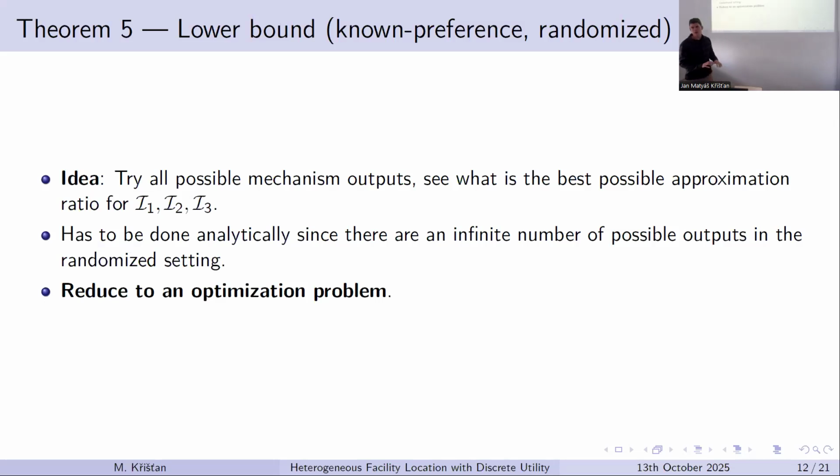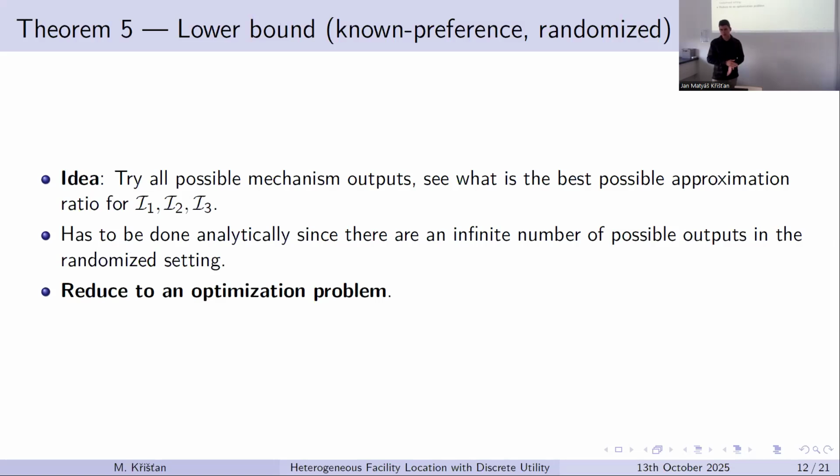So the idea from before was to consider all the outputs the mechanism can have on these instances all together, tied together with the strategy-proofness, and show that in one of these instances it will be far from optimal. In the deterministic case, we could consider all discrete cases, but here, because of randomization, we have some distribution over the outputs.